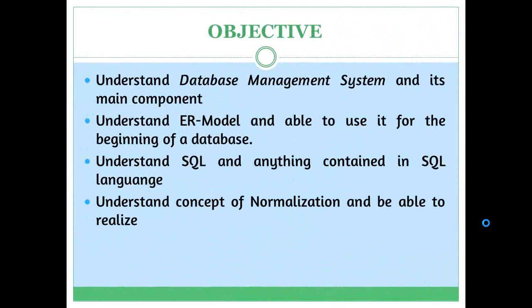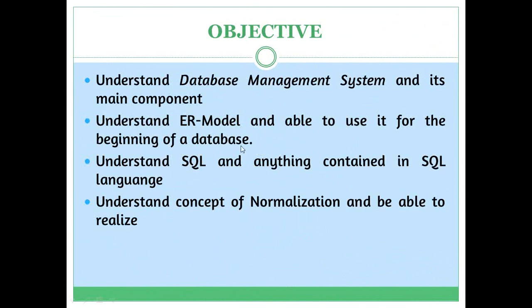Objective. We have 4 objectives in this lesson. First, understand database management system and its main components. Second, understand the ER model and be able to use it for the beginning of a database.